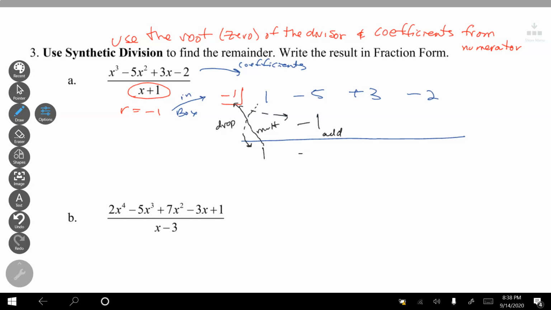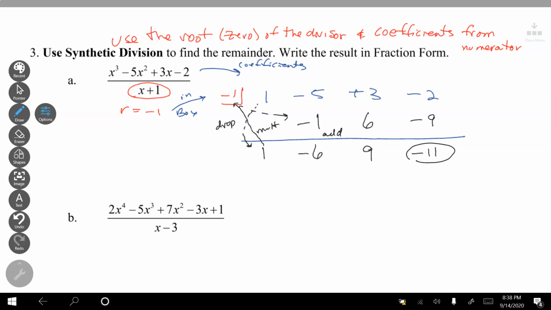Negative 5 minus 1 is negative 6. Now I'm going to multiply. Negative 6 times negative 1 is positive 6. Now I'm going to add. I get 9. Now I'm going to multiply. 9 times negative 1 is negative 9. And then I finally get negative 11.